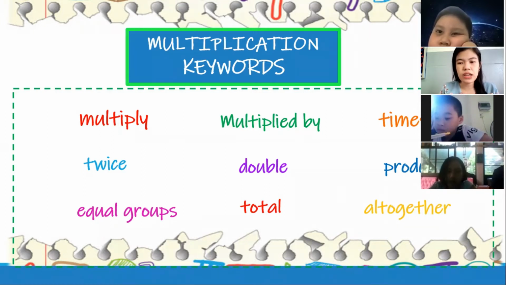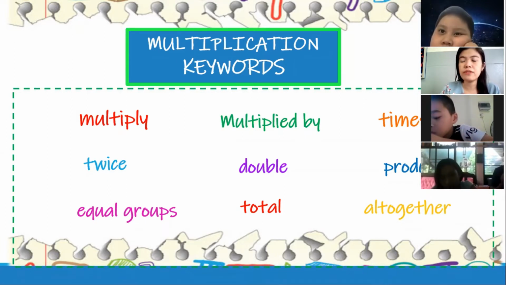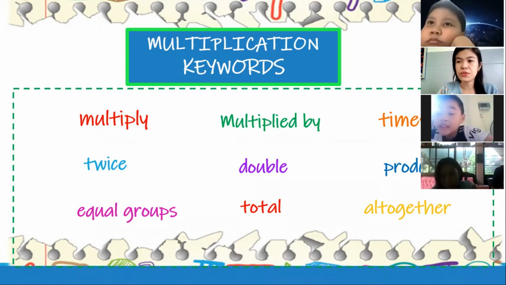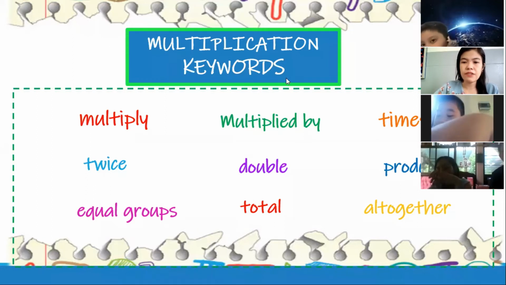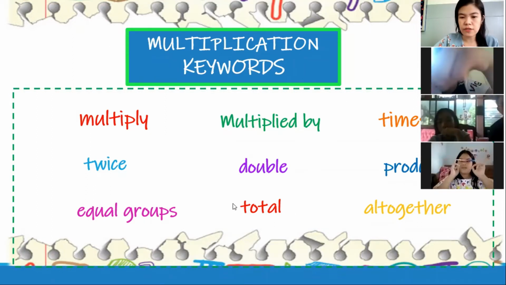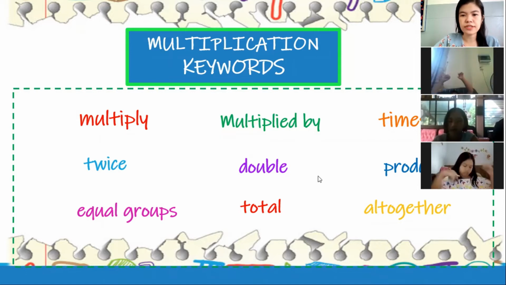Since multiplication is a repeated addition, for example, 2 times 2, you have to add 2 plus 2. A multiplication is a repeated addition. So you can also read the word total and the word altogether in a problem for multiplication.